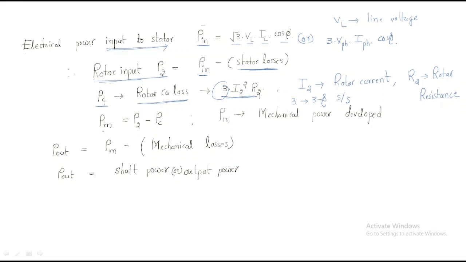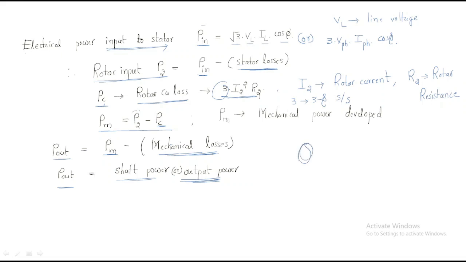Finally, the mechanical power developed is rotor input minus rotor copper loss. From the input, by removing the loss, we get the output. That is the mechanical power, but this is not the output. The output is the mechanical power developed minus mechanical losses. Then the output is named the shaft power or output power.